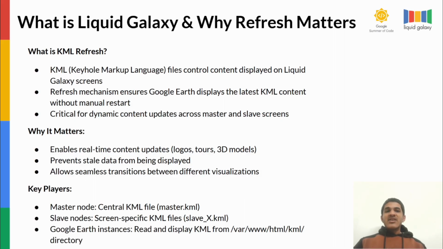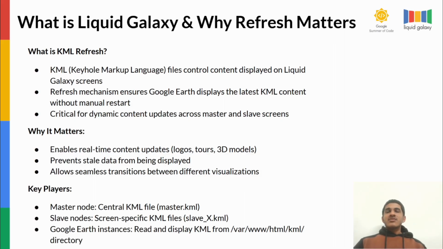So in this whole refresh mechanism, there are three key players. The master node, that is the central KML file, which is often written as master.kml. The slave nodes, which are screen specific KML files of the slaves, and they are often named as slave_x.kml.